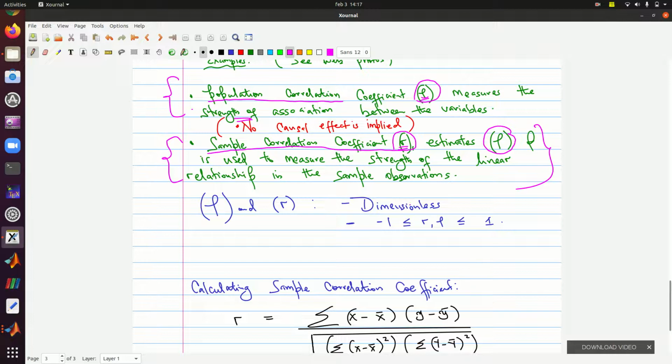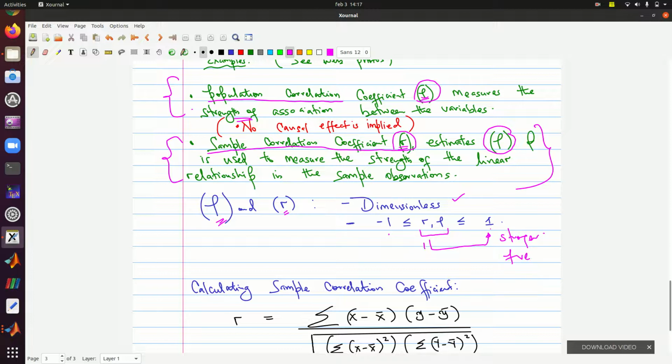The characteristic of either rho or R is, one, it's a dimensionless number, and two, the value ranges between positive 1 and negative 1. The closer it is to 1, the stronger the positive relationship.